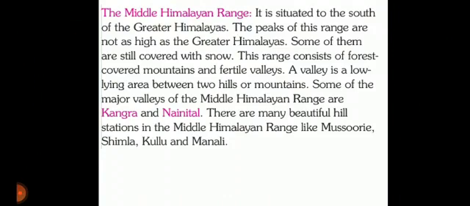A valley is a low-lying area between two hills or mountains. Some of the major valleys of the Middle Himalayan range are Kangra and Nainital. There are many beautiful hill stations like Mussoorie, Shimla, Kulu and Manali.